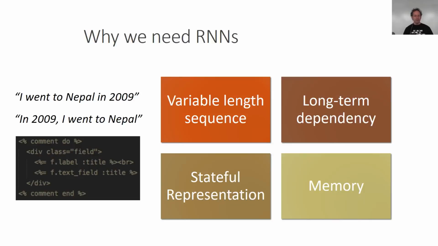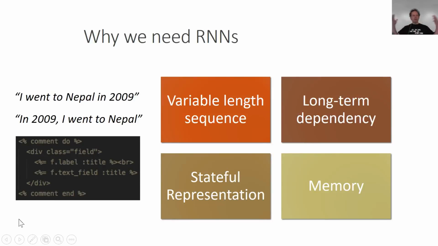So the basic idea of RNNs is that the main thing is you want to keep track of state over long-term dependencies. For example, if you're trying to model something like this template language, then at the end of your %comment do %, you need a %comment end %. Somehow your model needs to keep track of the fact that it's inside a comment over all of these different characters.